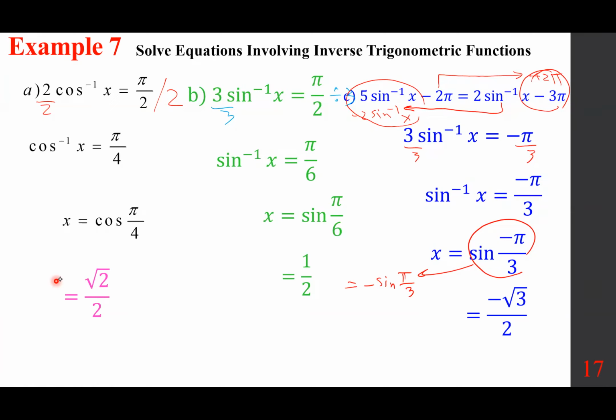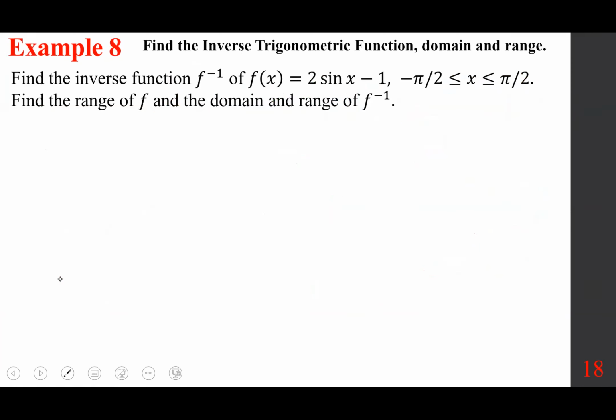So we looked at a couple of simple examples of equations involving inverse functions. We want to find the inverse for this function, where x is between negative pi over 2 and positive pi over 2. And then we want to find the range of f and the domain of f inverse.